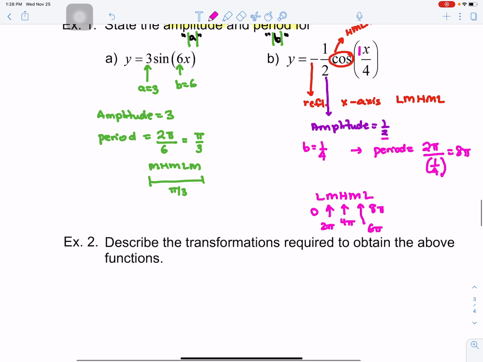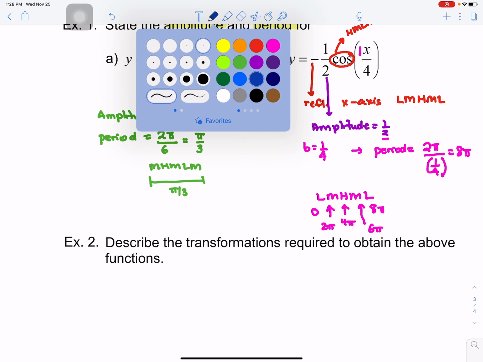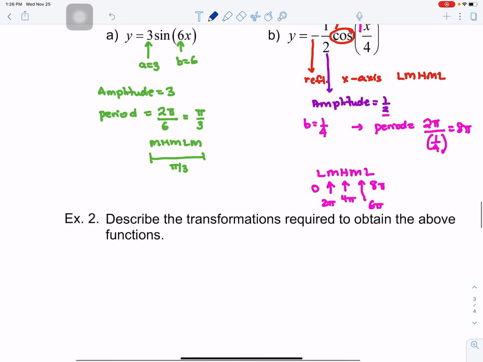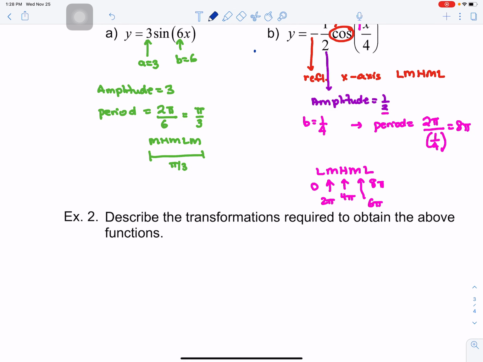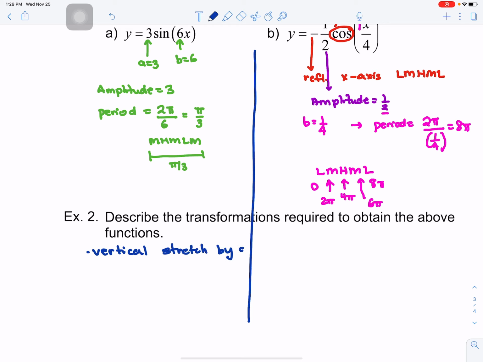Describe the transformations required to get the above functions. So now we're just treating it like transformations. In part A, we have a vertical stretch by a factor of 3 about the x-axis.